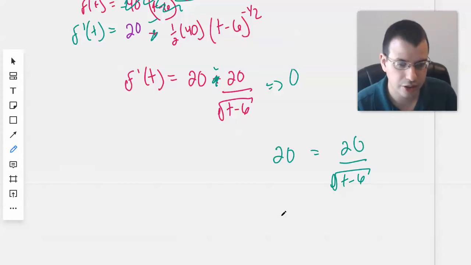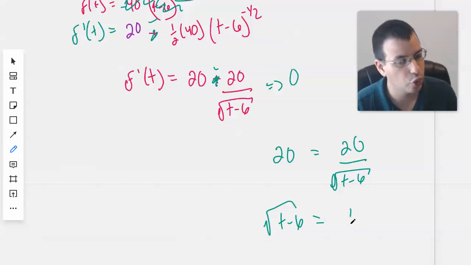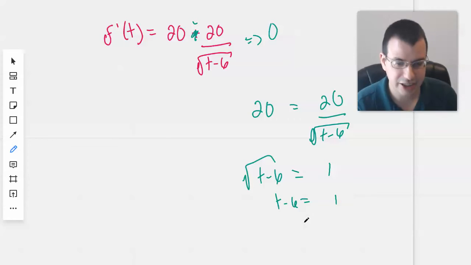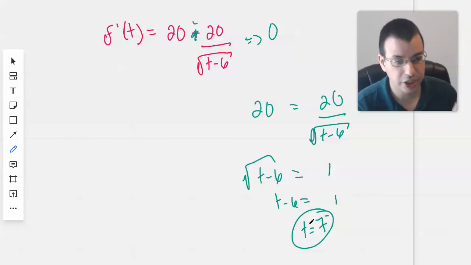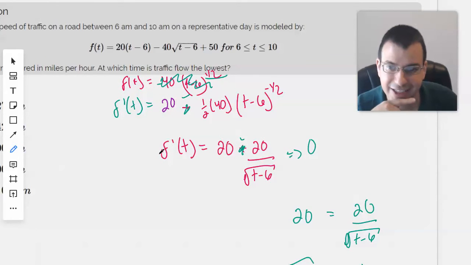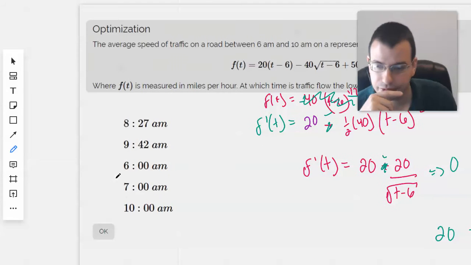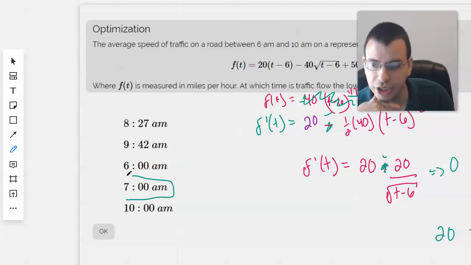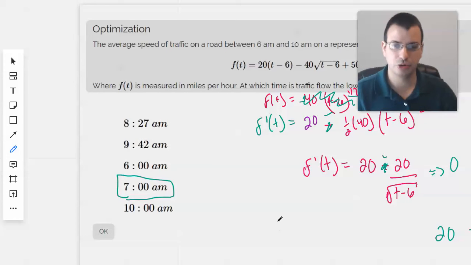So the square root of t minus 6 equals 1. T minus 6 equals 1, since we square both sides. T equals 7. So the critical point is 7. The only time when it would change would be at 7.